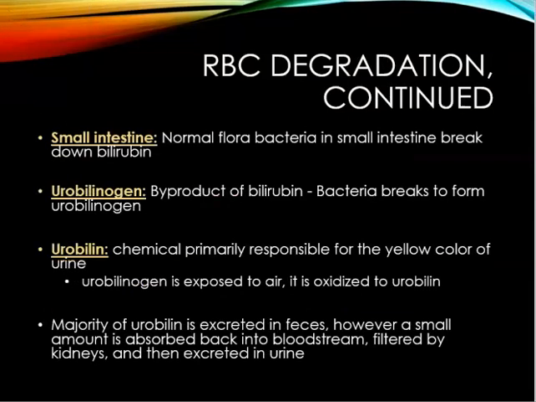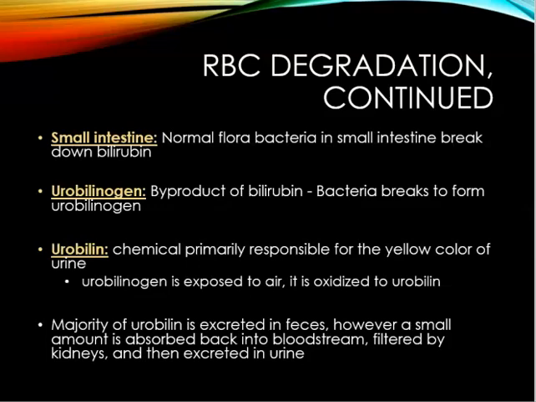Next, in the red blood cell degradation process, we're in the small intestine. The bilirubin is being broken down in the small intestine by the normal flora or the normal bacteria. And there's a byproduct of this breakdown of bilirubin called urobilinogen. Next, we have urobilin. Urobilin is a chemical primarily responsible for the yellow color in urine.